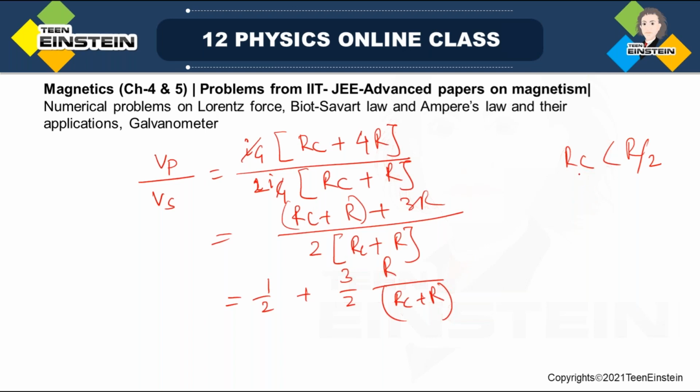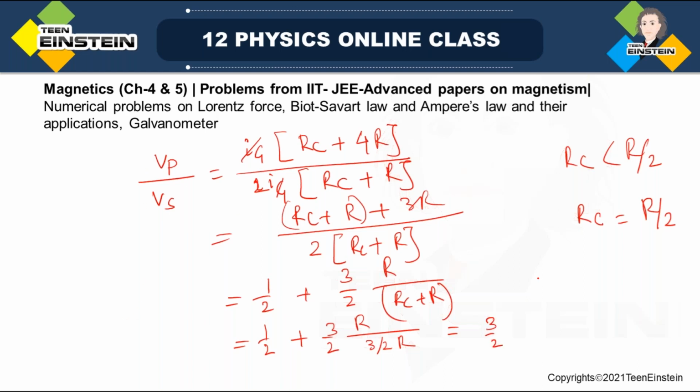At least if we take Rc equal to R by 2, let us take it just for the time being, then look, this is R, and Rc is R by 2, so R by 2 plus R is 3 by 2 R. So we get half plus 1, that means 3 by 2.